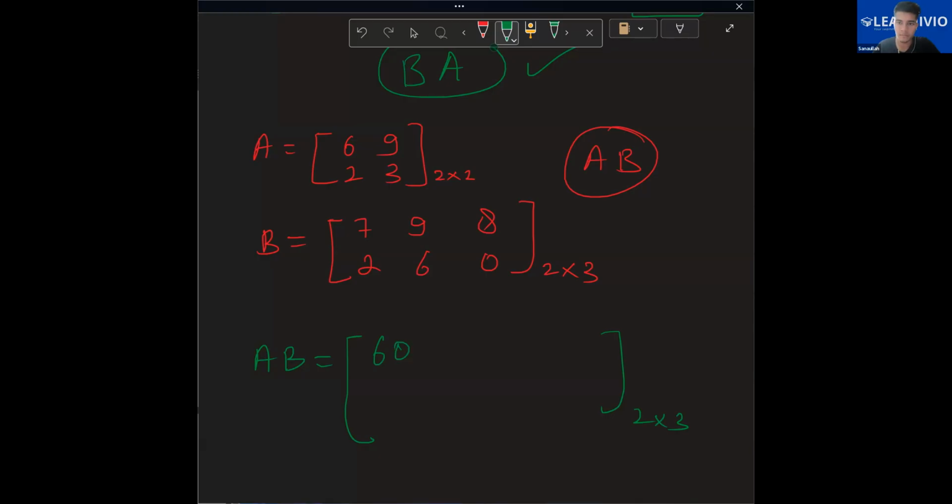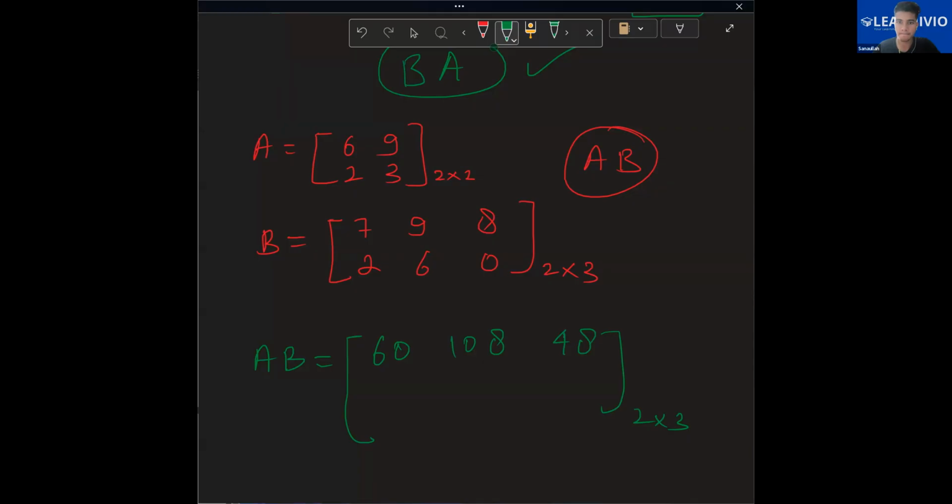Yes, sir. The second element is 9 times 6, 54, plus 54, which is 108. Yes, sir. Your 8 times 6 is 48. Right?